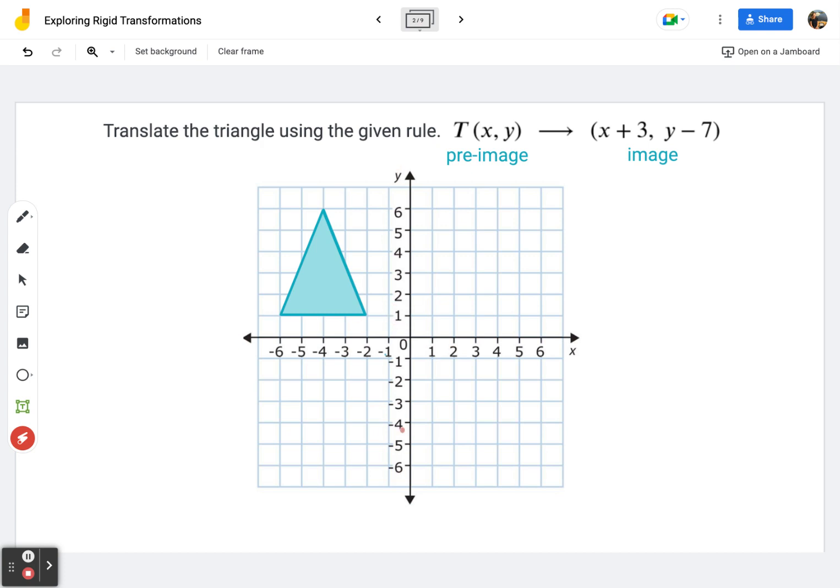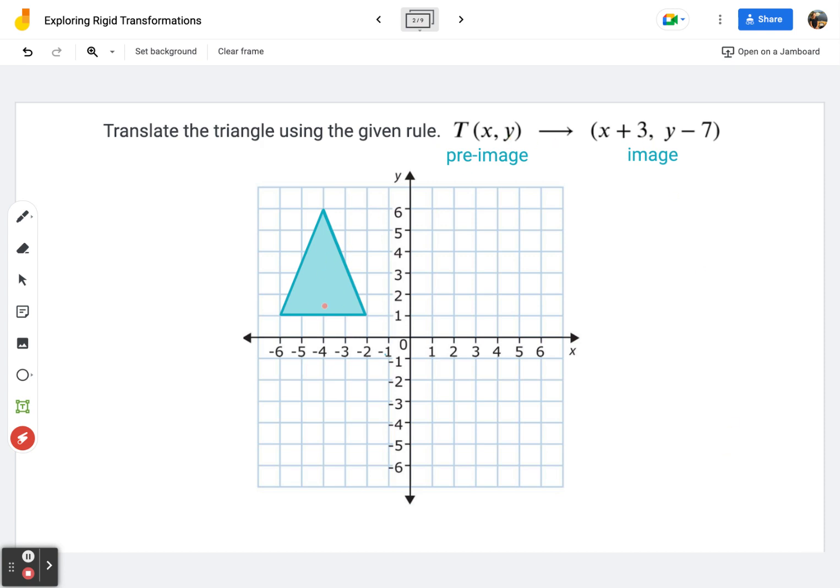The y-axis goes vertically. Positive is up, negative is down. So if I translate a point with coordinates (x, y) to x plus 3, that means 3 to the right. y minus 7 means 7 down.